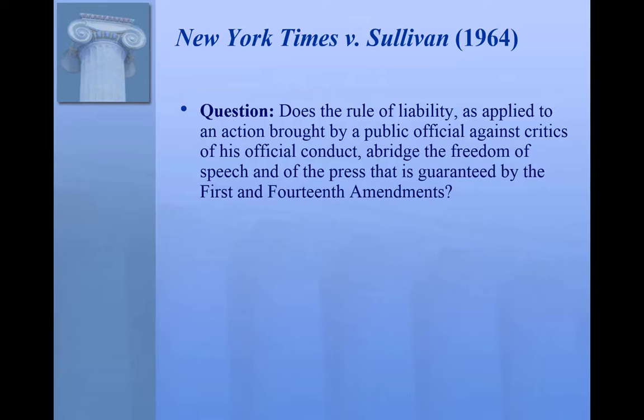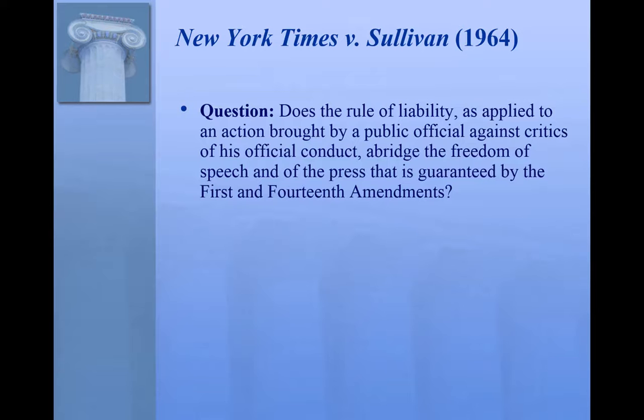But at the trial, the judge instructs the jury that the ad is libelous per se, which means it is clear that on its face it contains falsehoods and that it was unprotected speech.